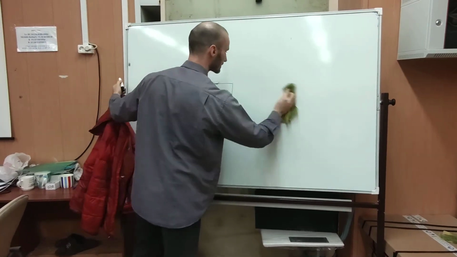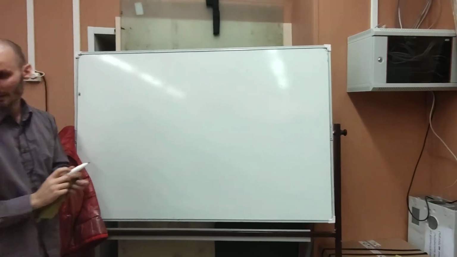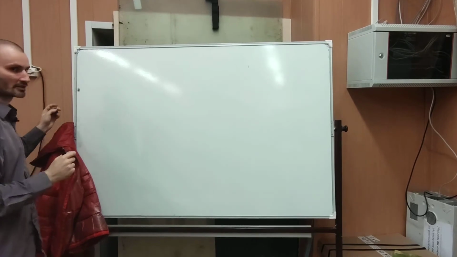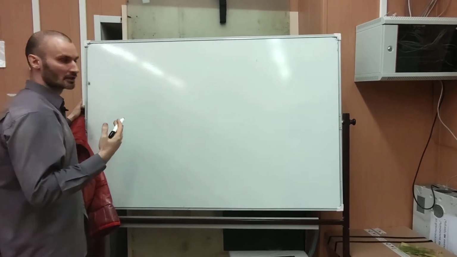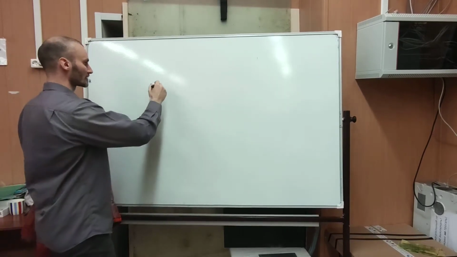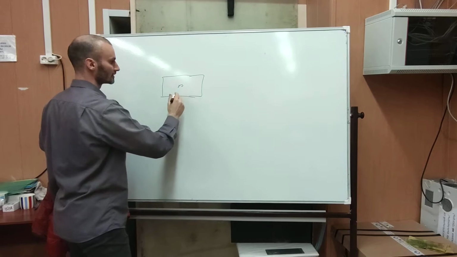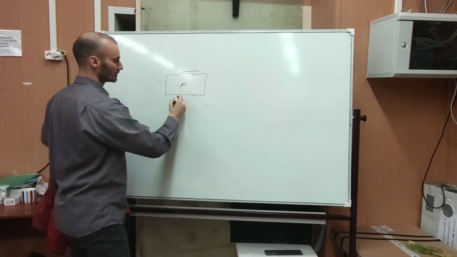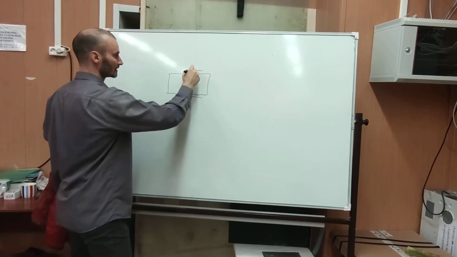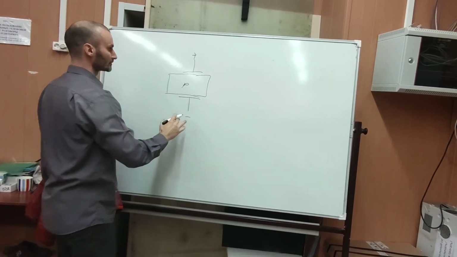Okay, now let's look at field effect transistors. There's one more way to make a semiconductor conduct, which I haven't told you before, and that is to apply an electric field to it. For example, you have a lightly p-doped wafer, and you apply voltages between here and here. This will be positive voltage, and this is negative voltage.